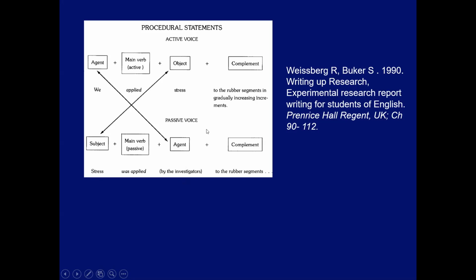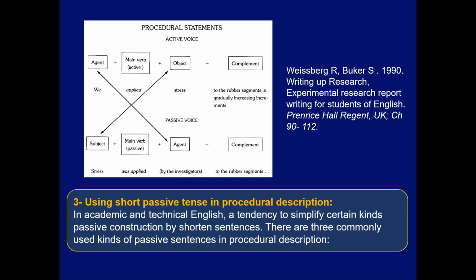So here we changed the sentence a little bit. We reversed the object and the agent, and vice versa, to change it from the active voice to the passive voice. Using short passive tenses in procedural descriptions.